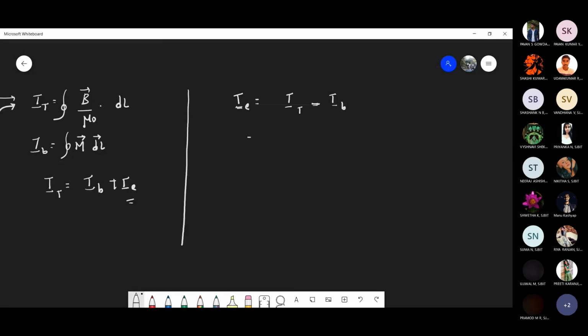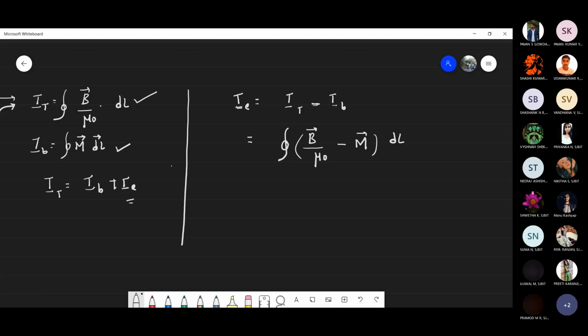So here comes what is IT? IT is this equation. What is IB? IB is this equation. So I can write it as contour integral B by mu naught minus M dl.